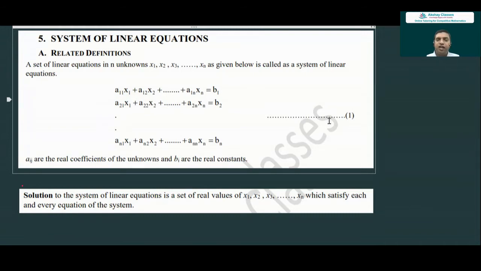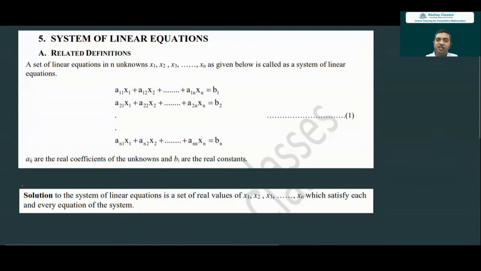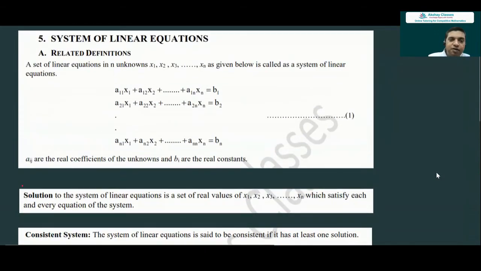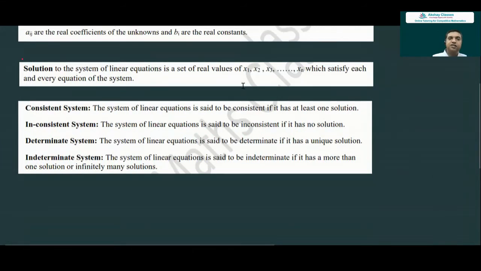Now, if a solution exists, we say that the system is consistent. If the solution doesn't exist, we say the system is inconsistent. So the above system of linear equations is consistent if it has at least one solution.